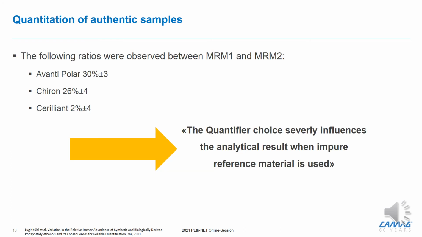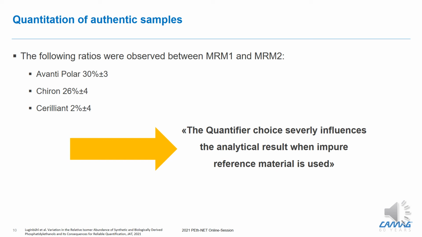In summary, when using regioisomerically impure reference material, you observe a mean difference between transition 1 and transition 2, here described as MRM1 and MRM2, of 30% in the case of Avanti Polar and 26% in the case of Chiron.